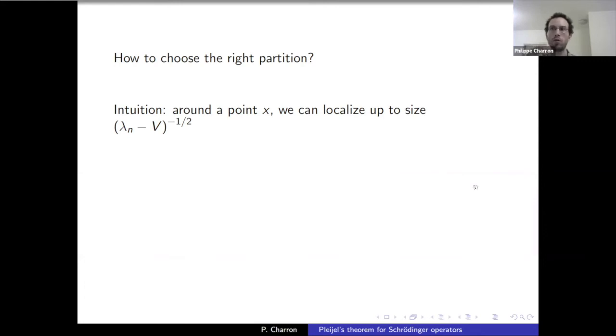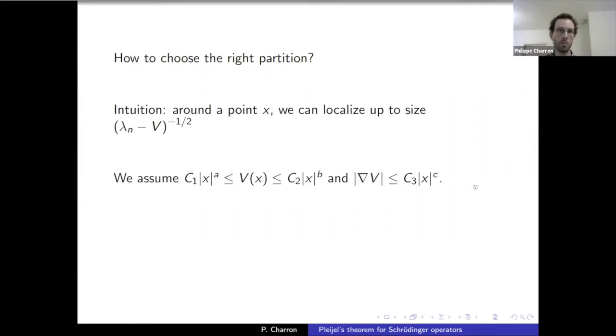So from micro-local analysis ideas, we know that if we want to look at what's happening around a point, we can localize up to radius lambda to the minus 1/2. So in our case, it's lambda n minus v to the minus 1/2 at this point.